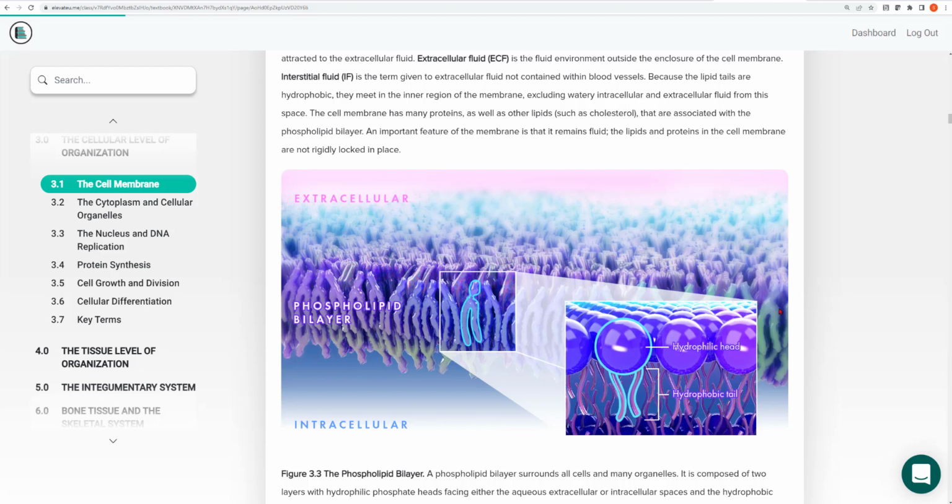We're going to continue to build this understanding of this bilayer. As we look at one phospholipid molecule within the bilayer, and let's zoom in here, we see that the hydrophilic head, right, the phosphate group, is facing the outside where water would be, and the tails are in the middle.